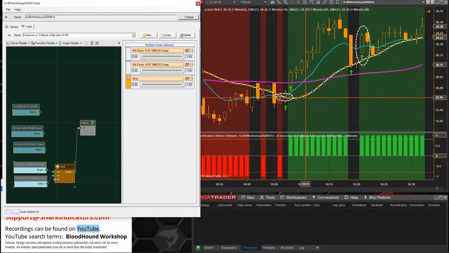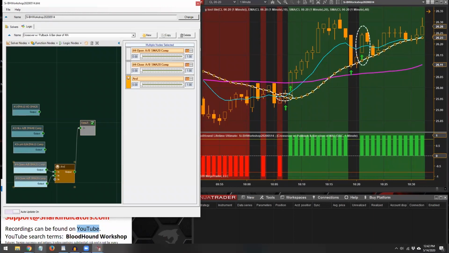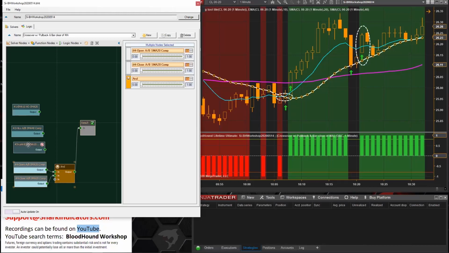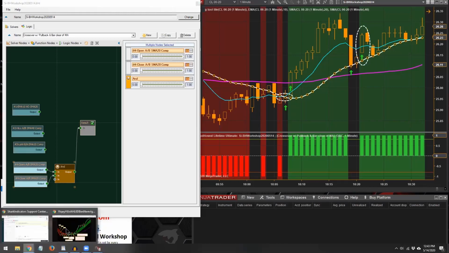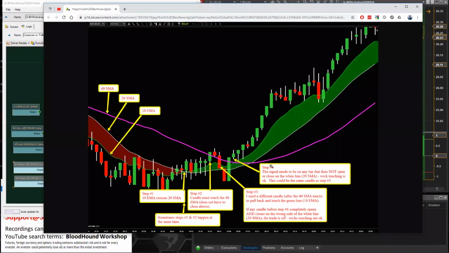So this logic here has two functions. Its primary function is basically step number 4, but it's also a disqualifier that's a part of step number 3. So that logic is the qualification for step number 4, but it also acts as a disqualifier for step number 3 as well.